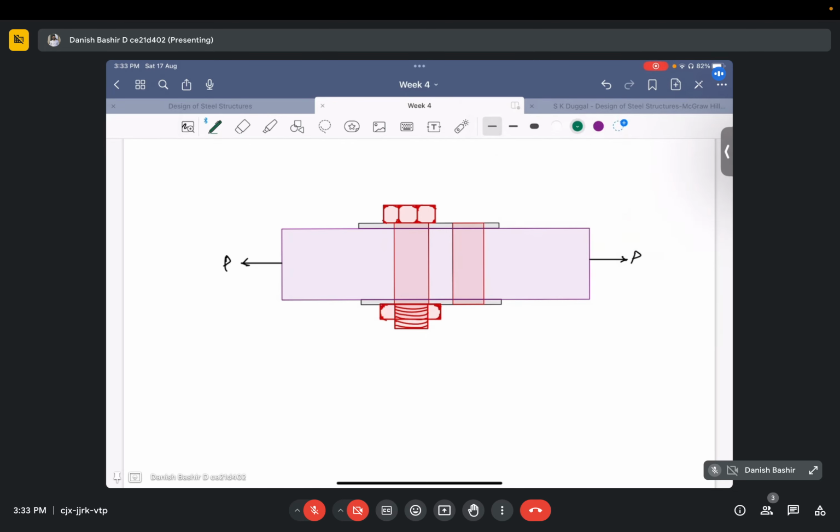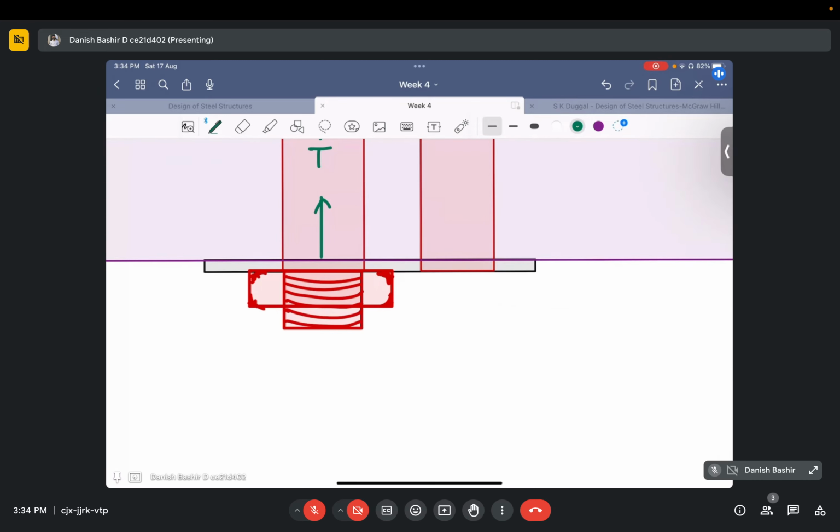What is happening is that a tension T is being created in this bolt, because we are tightening this up to the proof load. Because of this tension, an interfacial friction F is created here, F from this side and F from this side as well.